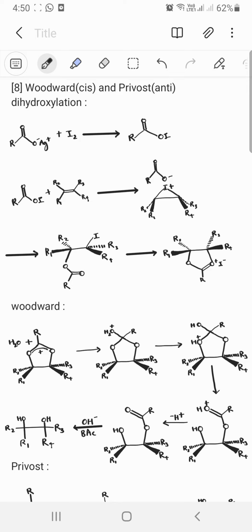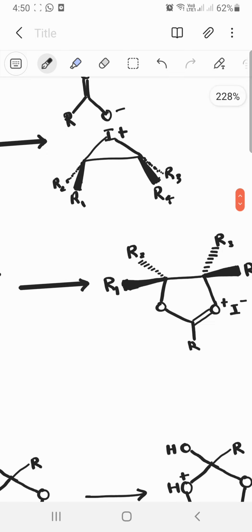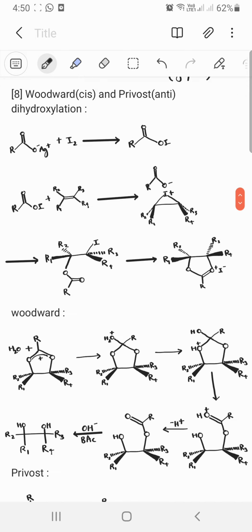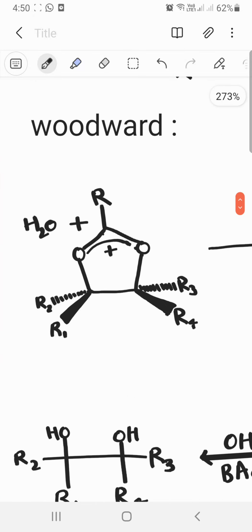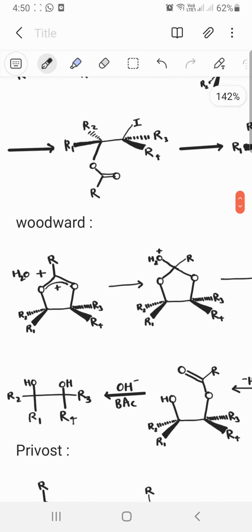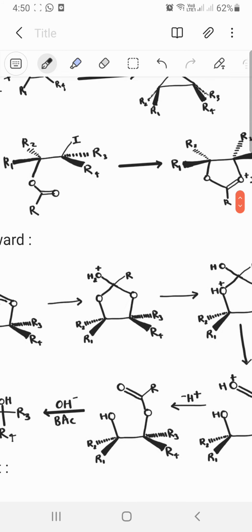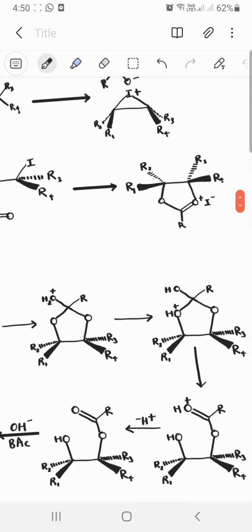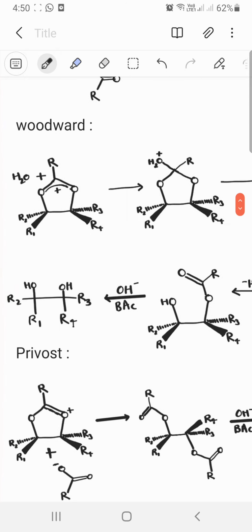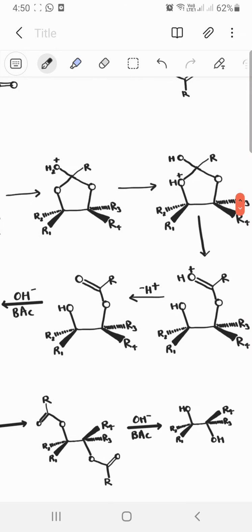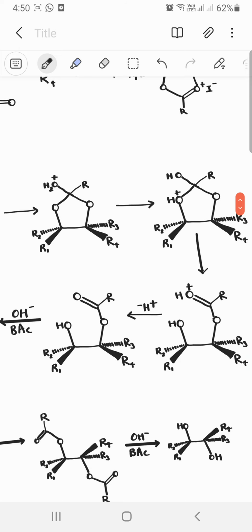Okay, so after this step you have this thing, right? So H2O adds to that, right? So actually we saw this mechanism before as well. So this adds, it becomes this thing, and then after that proton shift, it will break, right?